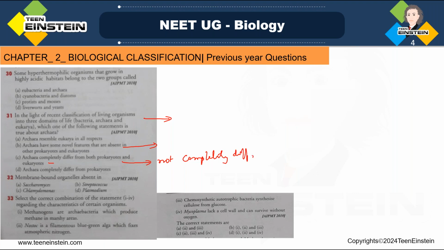And it resembles eukarya because both have several metabolic pathways. That group contains methanogens that can produce methane gas also. And the DNA which is present is in a relaxed state, or we can say it is positively coiled.